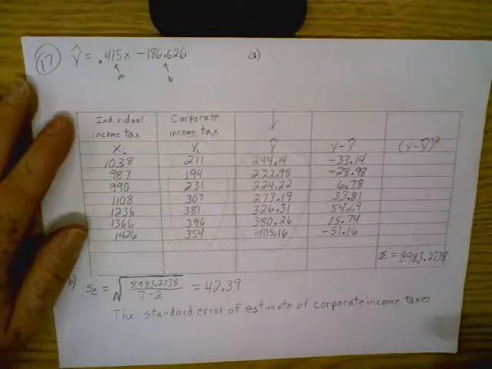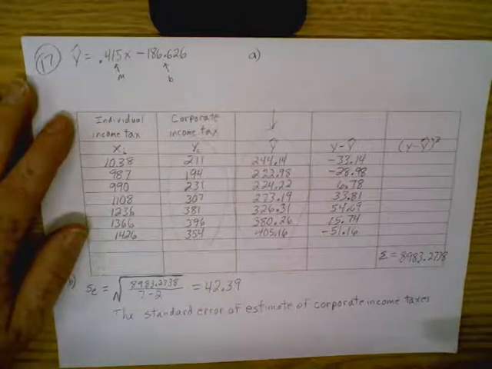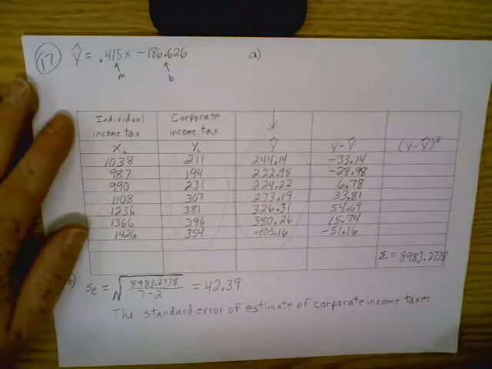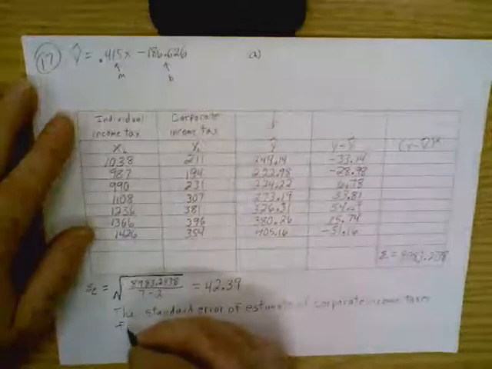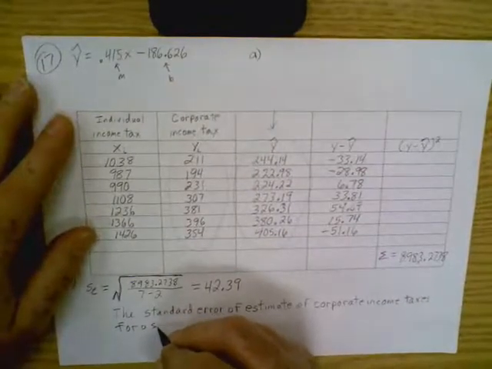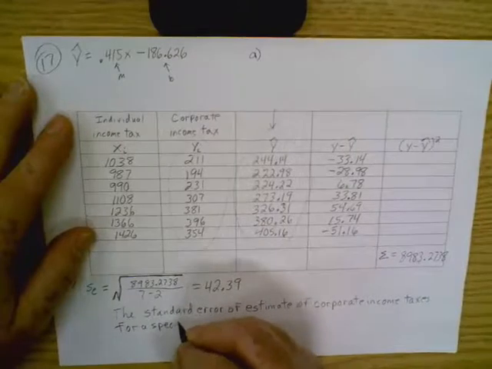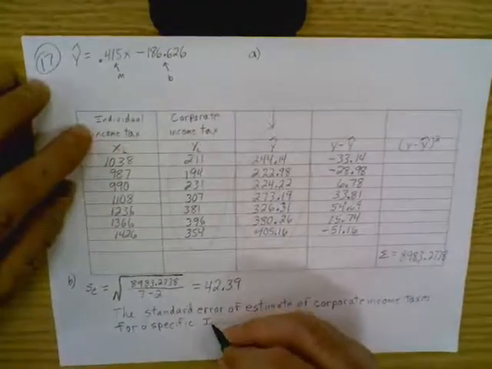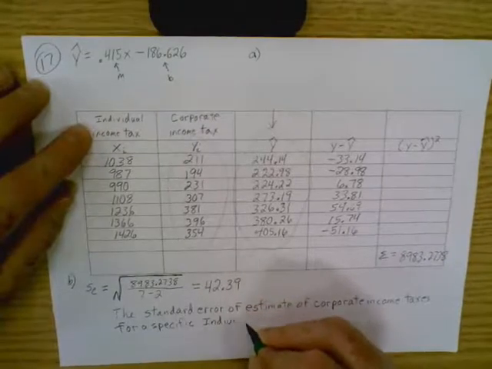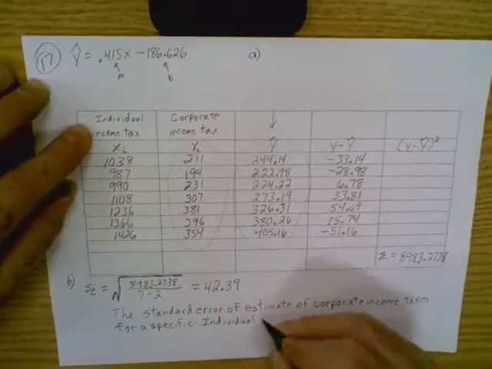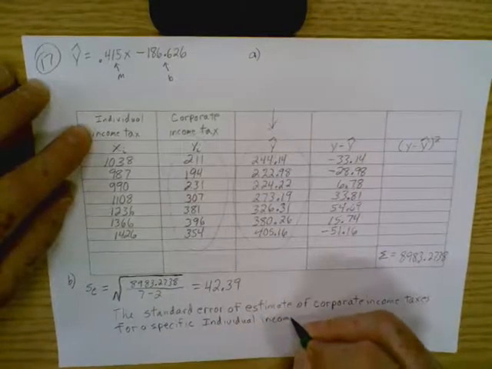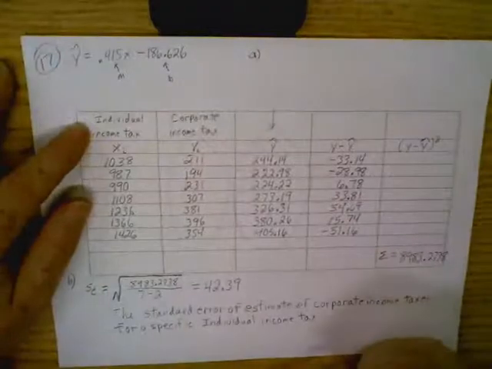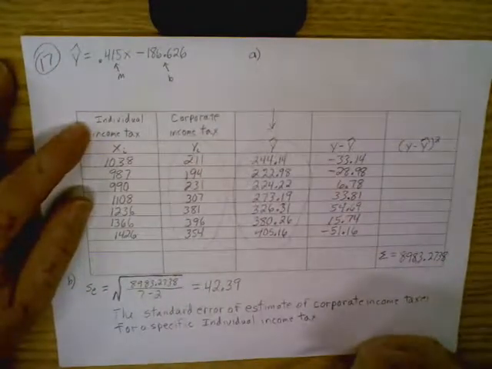Corporate income taxes for a specific, and then we put in our X, individual income tax. It should probably be gross income tax in there, the whole thing.